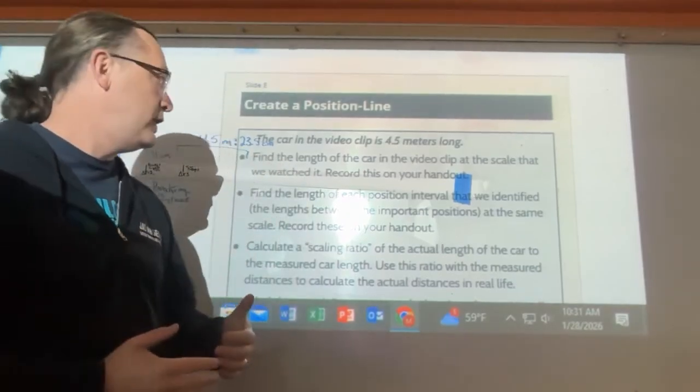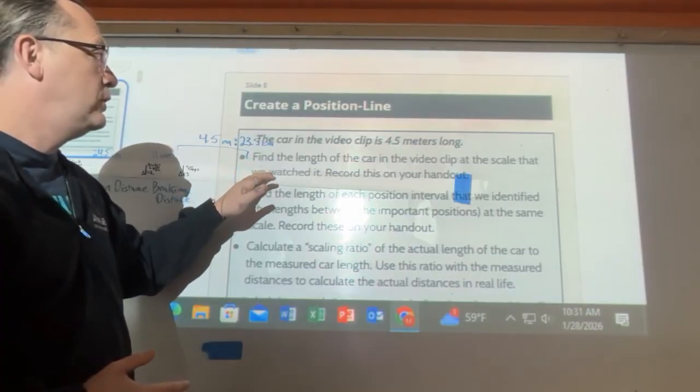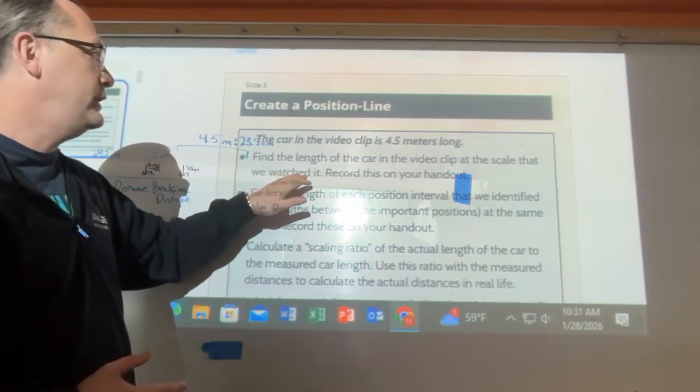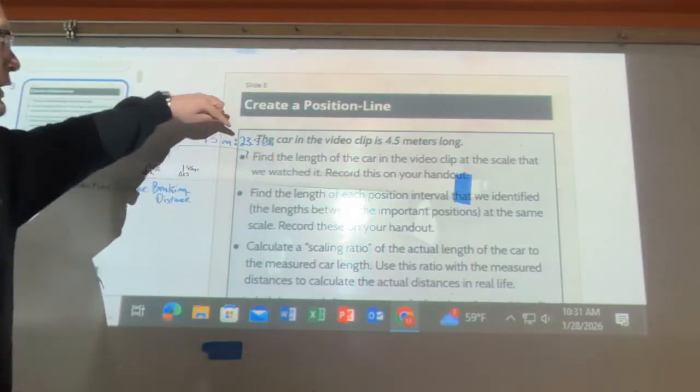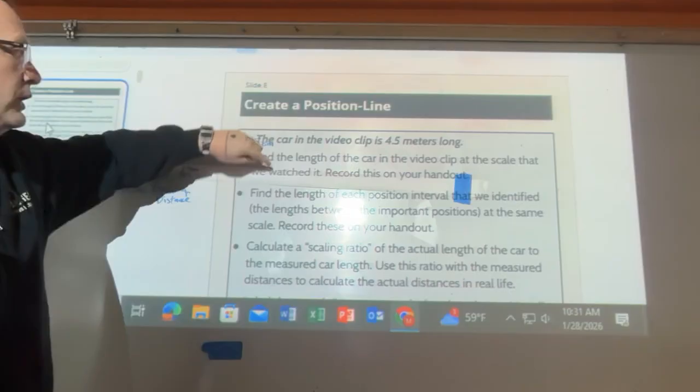Let's find the length of the car at the scale that we watched it and record that we said it was 23.5 centimeters.